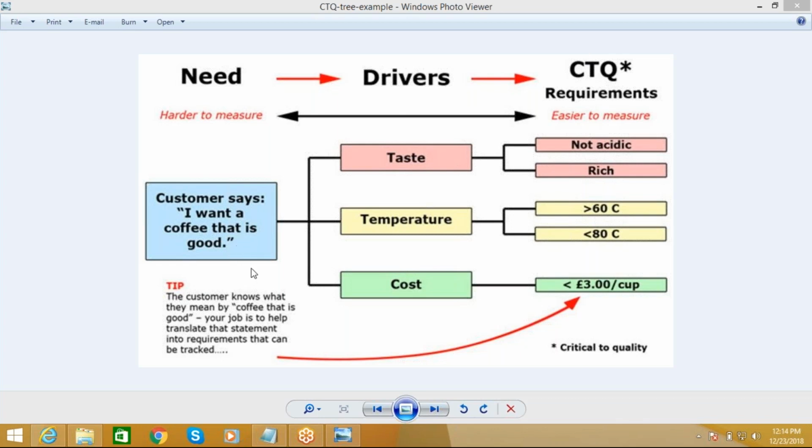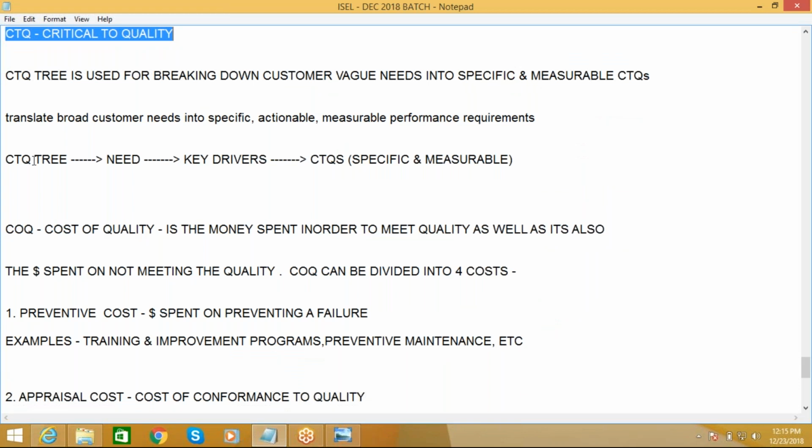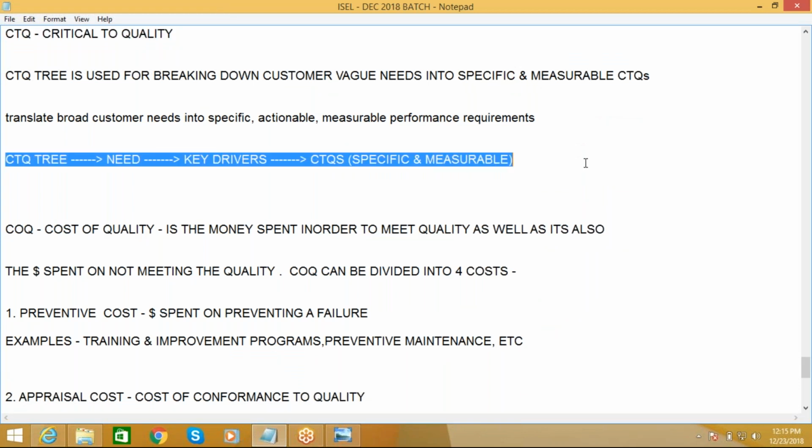If the customer says, I want a coffee that is good, we need to find out what good means for him, and then arrive at easier to measure critical metrics. So the CTQ tree helps you translate broad customer needs into key drivers and into specific and measurable CTQs.